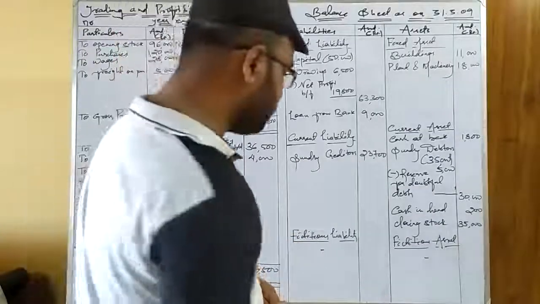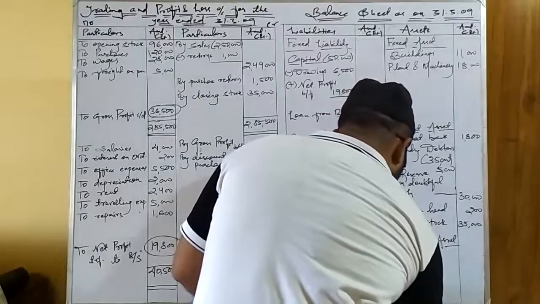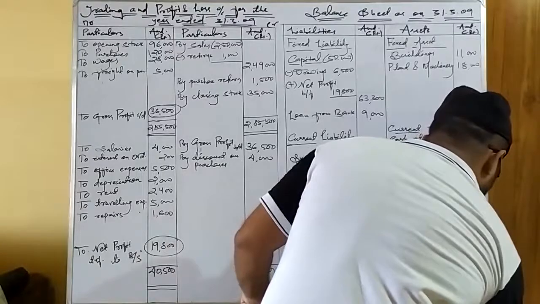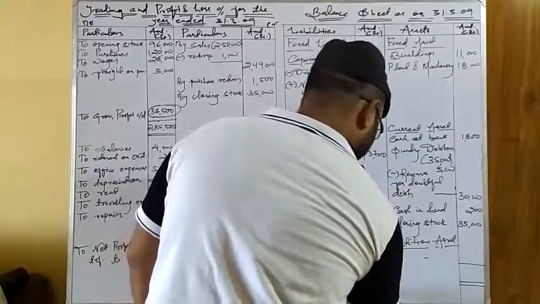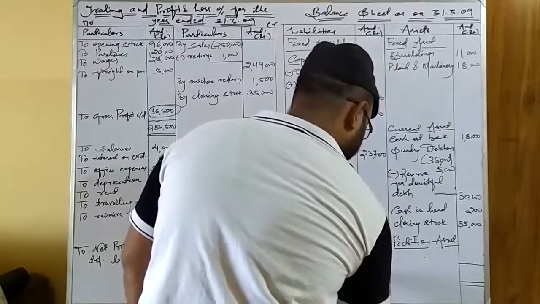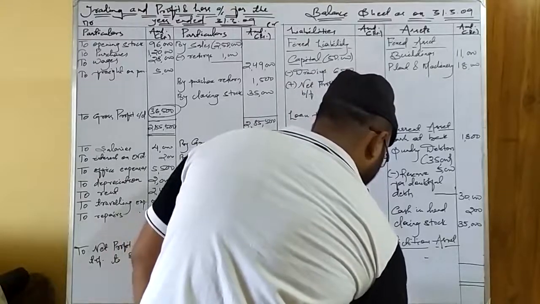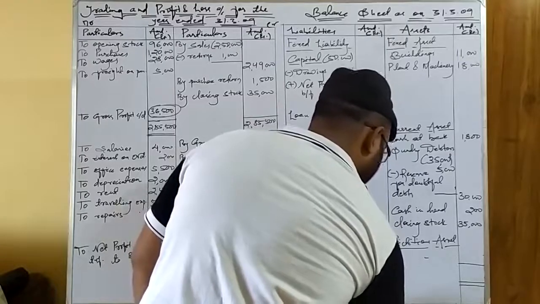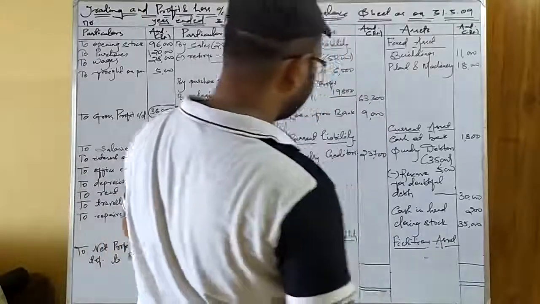So the final work is the totaling of the liabilities and the assets, and seeing whether the totals match or not. Okay, so this is the final part. So let us see what is the value that we get.